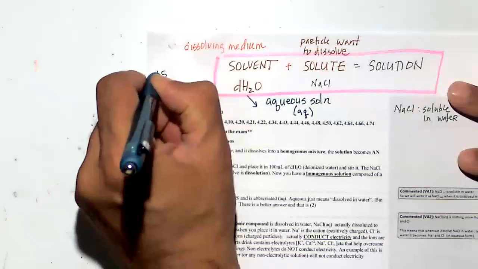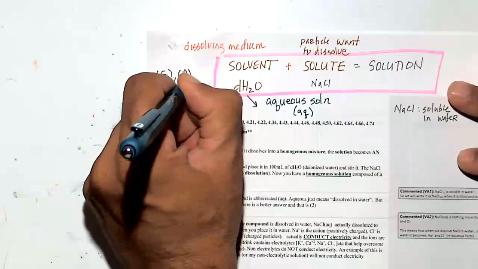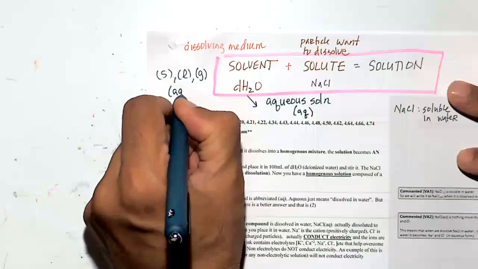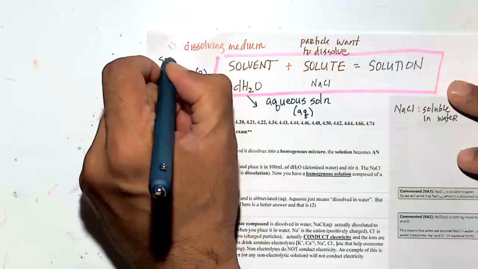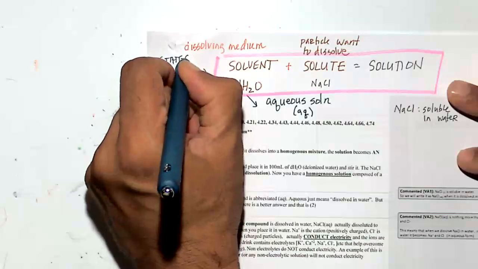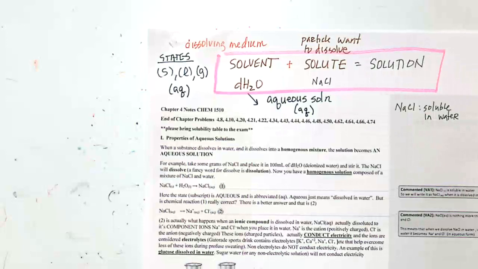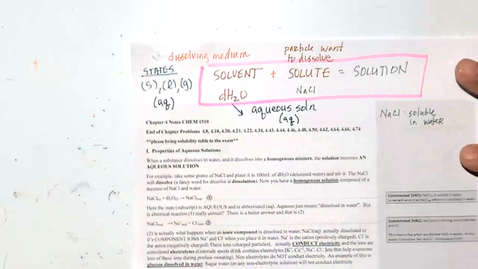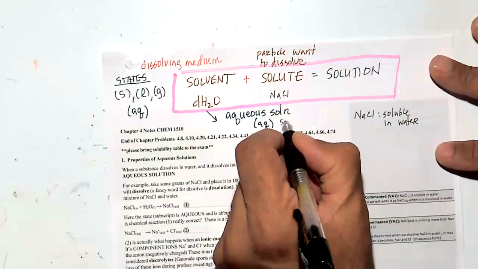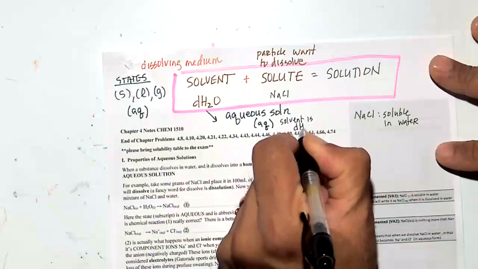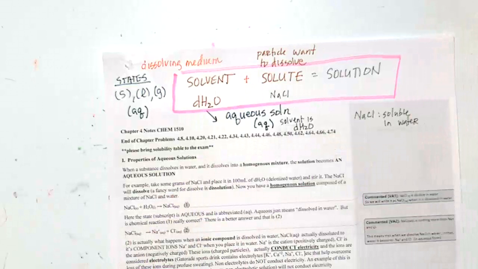So we have a solid, we have liquid, we have gas, and now we have aqueous. These are states. So an aqueous solution is when the solvent is water. Distilled water.